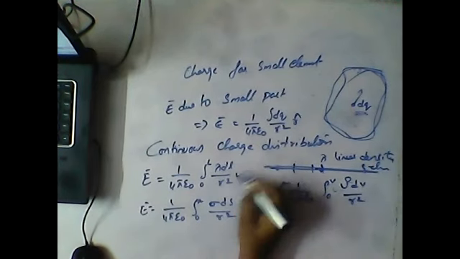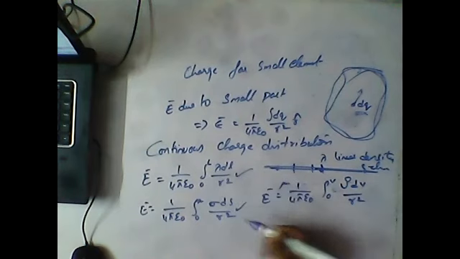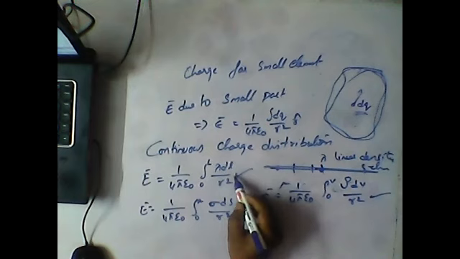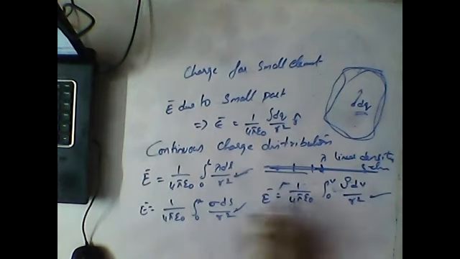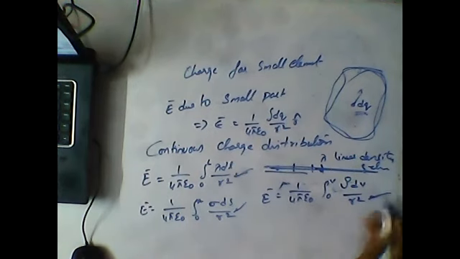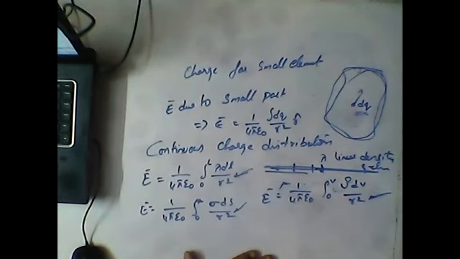So this is the formula for linear, this is for two-dimensional, meaning a surface, and this is for three-dimensional, meaning a cube or cuboid. These are the formulas we use to find the electric field in various cases.